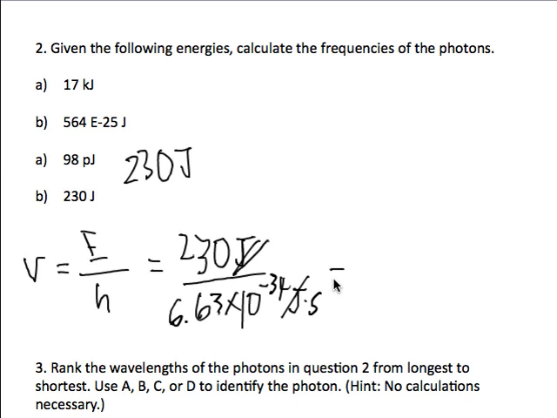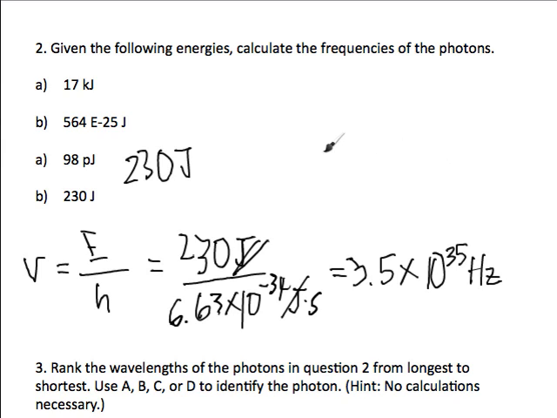and we are left with, using our calculators, 3.5 times 10 to the 35th hertz. So again, remember, 1 over second is the same as hertz.